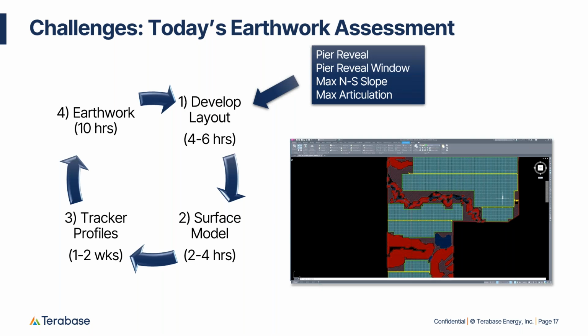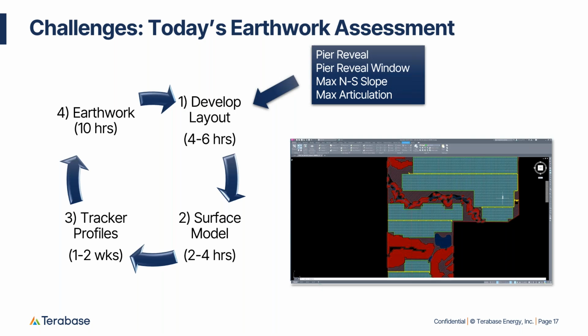The tracker profiles are what typically take a lot of the time. The reason that this takes so much time, and it's not in step with traditional volume calculations, is because in cases of a substation or a road or some drainage feature, those features have uniform cross sections, and it's quite easy to estimate what the earthwork is for those.